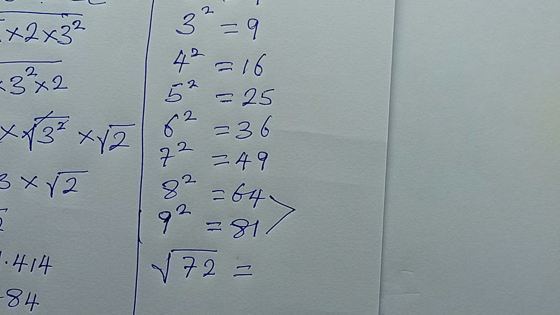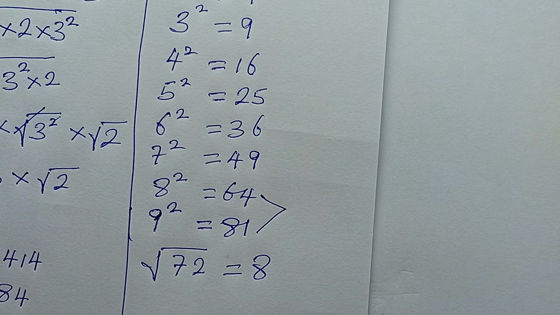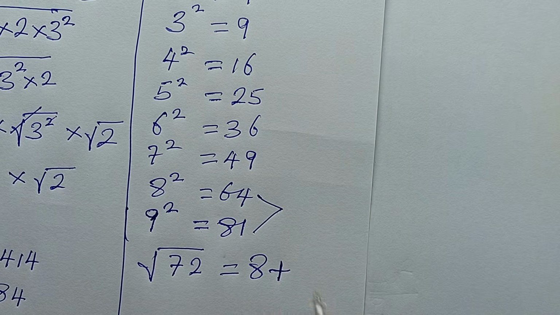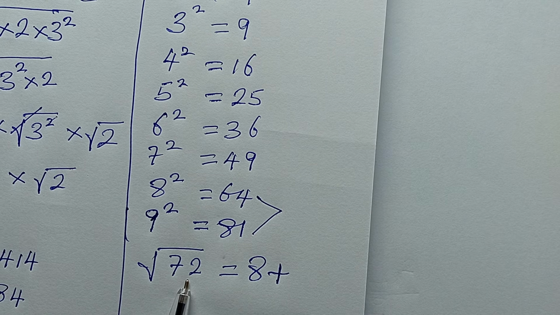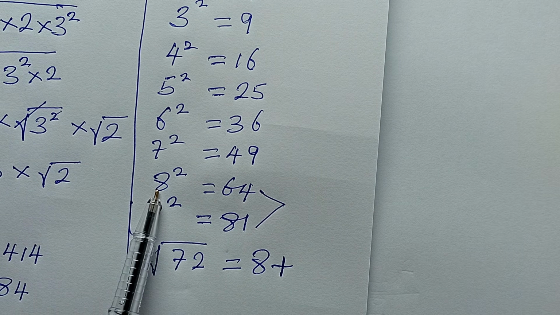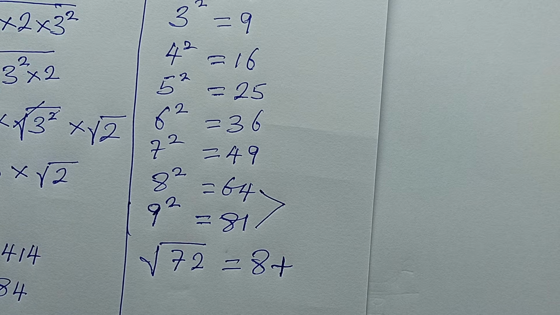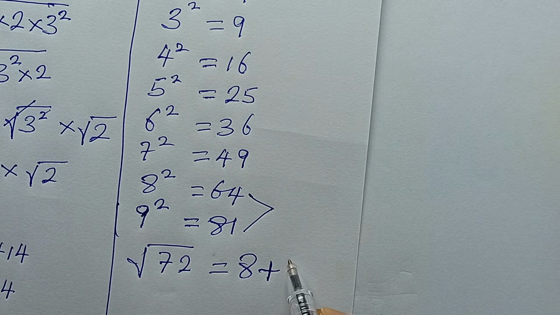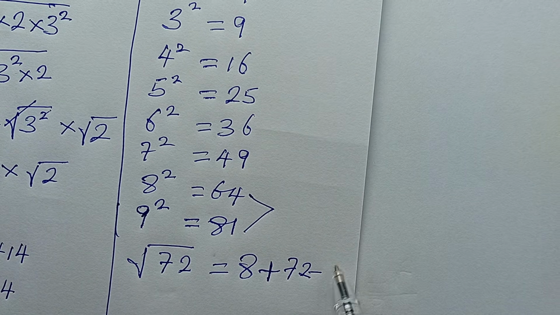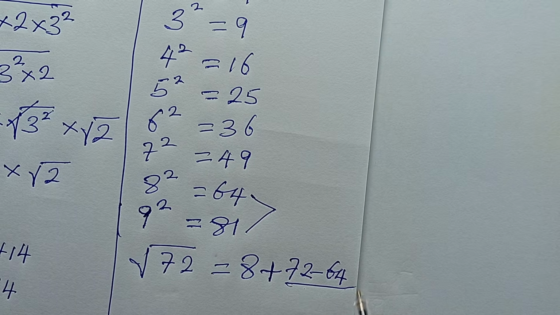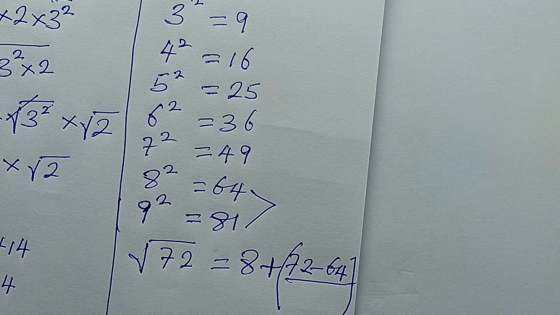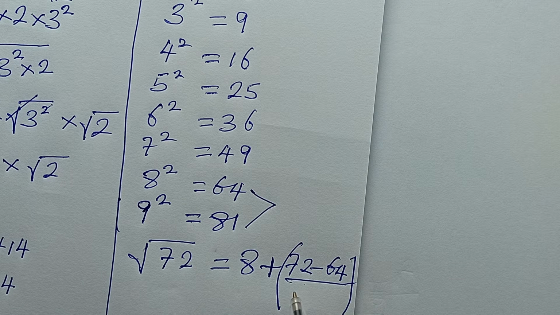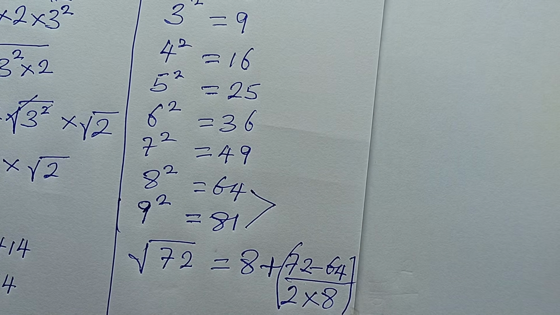We take our 8, so we're going to have 8 here, plus the difference between our figure here and the square of our 8. So 72 will now be 72 minus 64, let's put this in brackets, all over... we now come to the bottom. Now we have this 8 here, we just multiply it by 2. So this is going to give us 2 times 8.